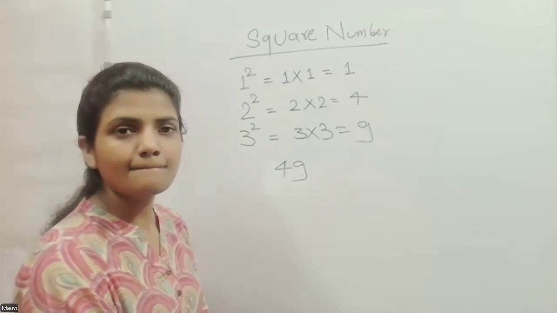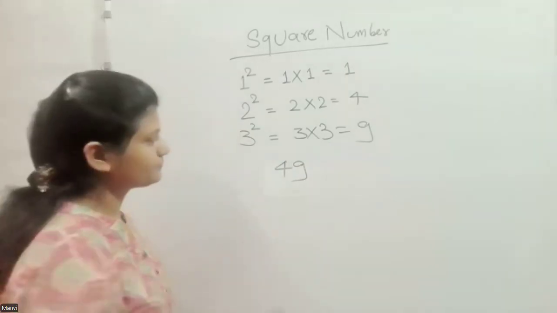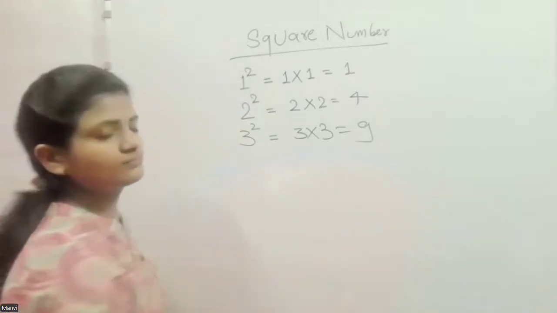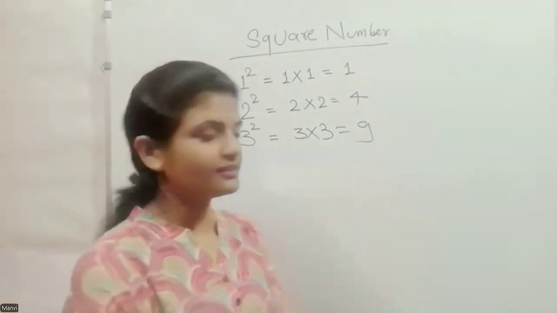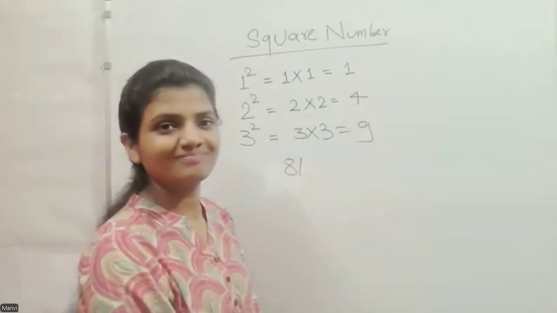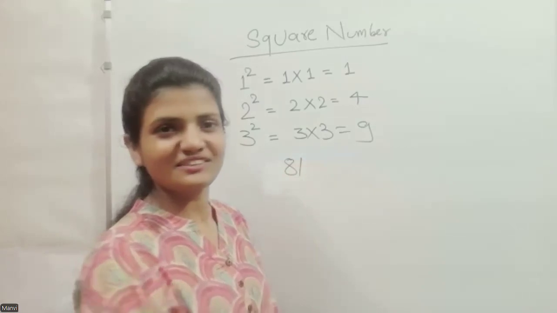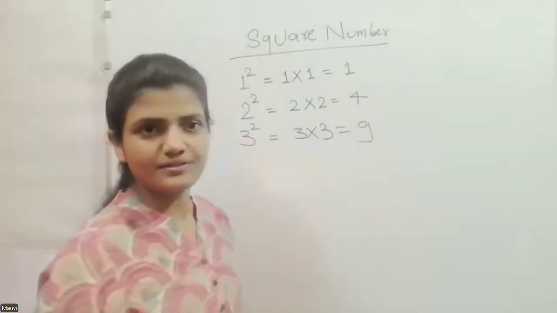Yes, 7 times 7 equals 49. Very good. Next, I'm asking about 81. Is 81 a square number? Yeah, because 9 times 9 is 81. Very good. So now both of you understood what the square number is.